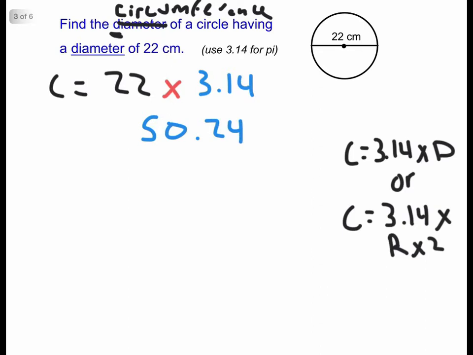So 50.24 centimeters. Since this is just a distance around your circle, it's not square centimeters, it's just centimeters and no square. So 50.24 centimeters is your circumference.